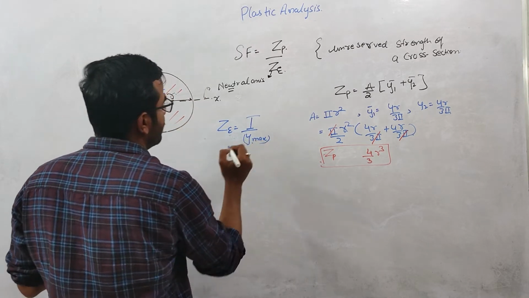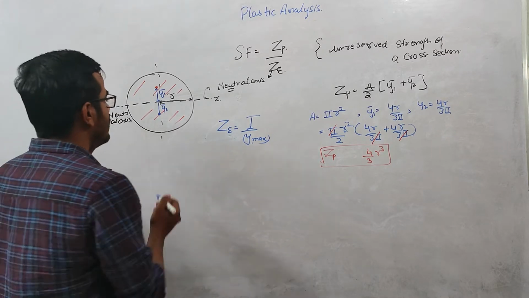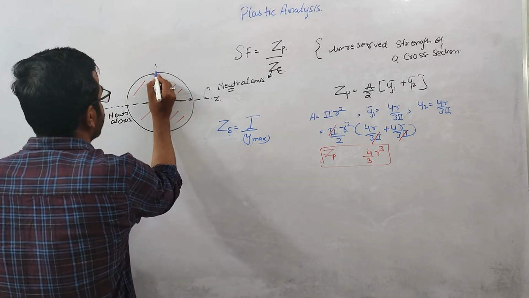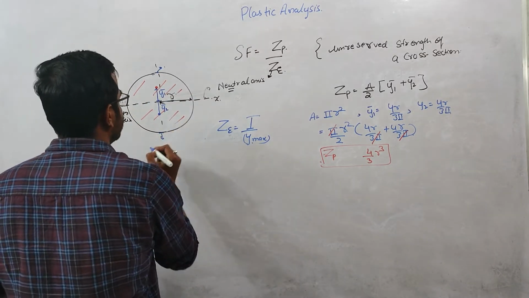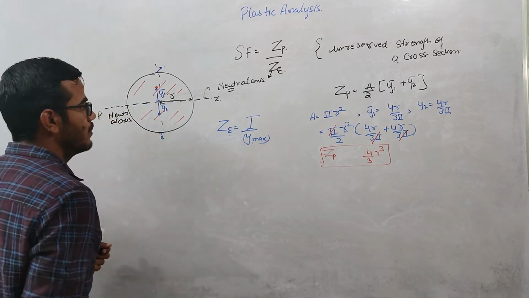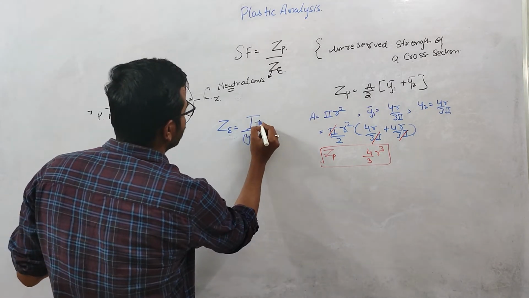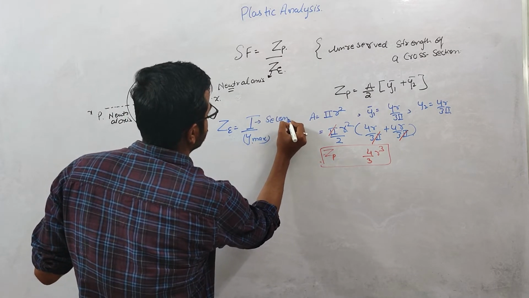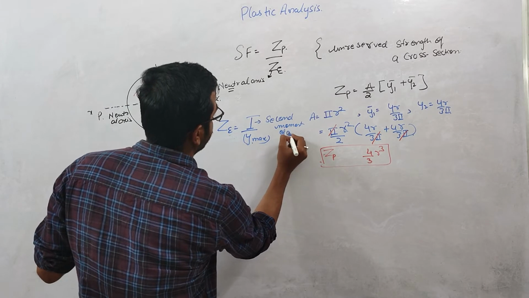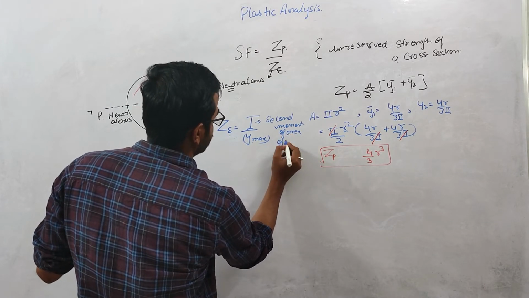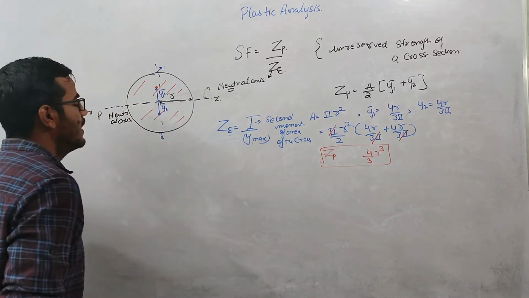Why Y max? Because the extreme fiber will yield first, so these two fibers will yield first. There will be compression yielding and tension yielding, depending upon the direction of the load. I is the second moment of area of this cross section.